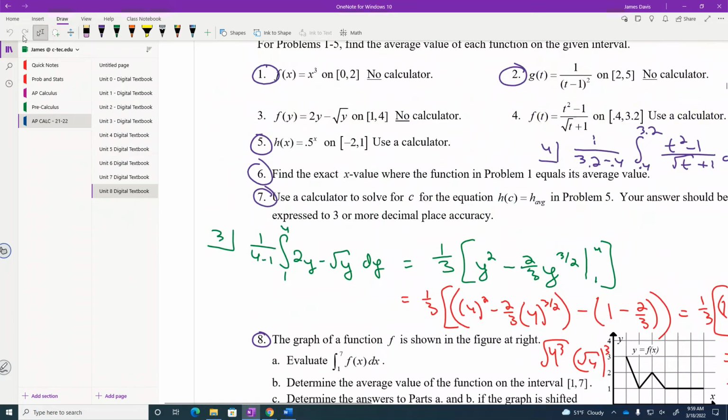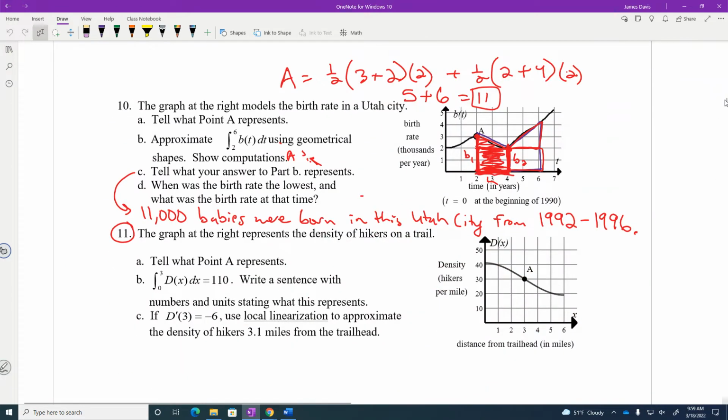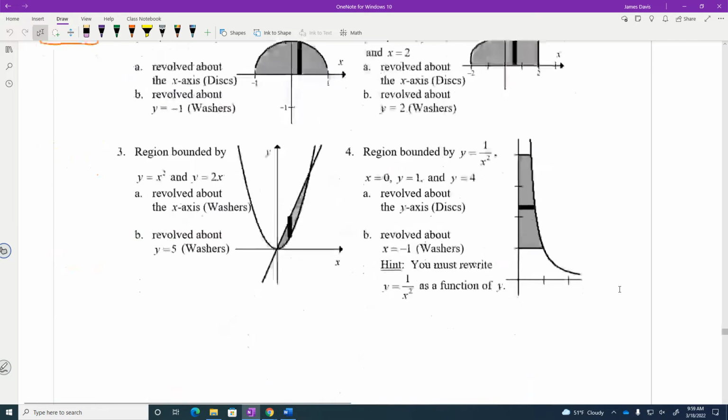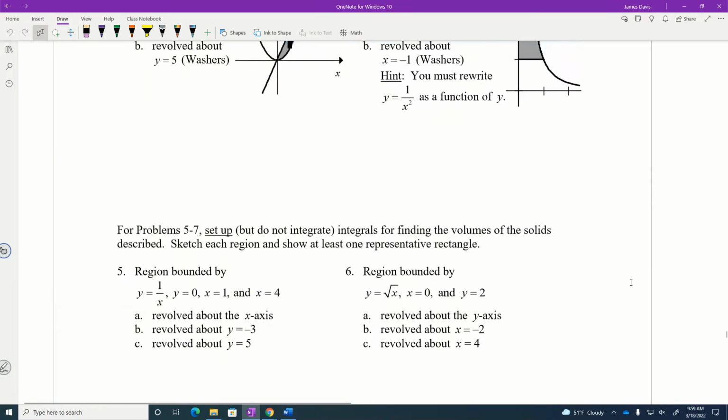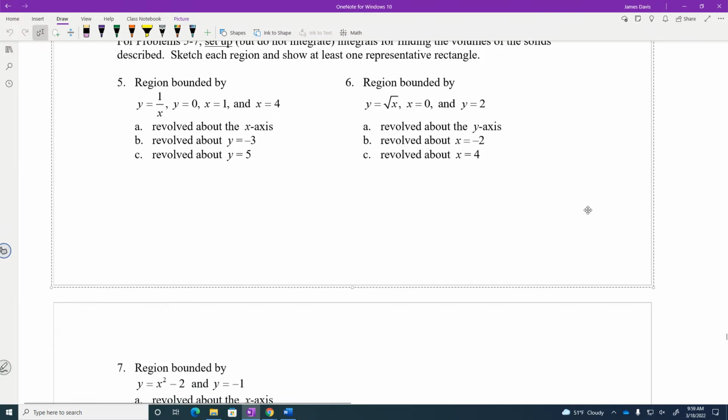So let's start with number 5. All right, we're going to do some sketching. Set up, don't integrate, sketch the region. Just practice for that. Okay, so let's go ahead and try to sketch this first region.